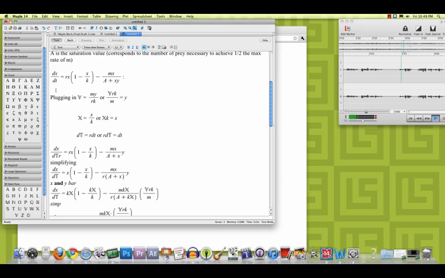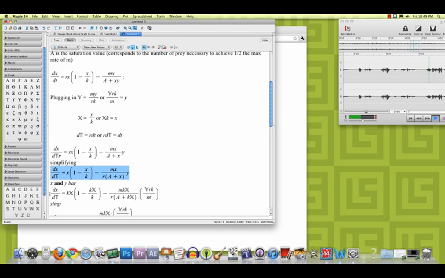This is the prey equation. We didn't have a specific variable for y, so we used the symbol y-bar equals rx over m, and we solve for y. Then x-bar, and we solve for x, and t-bar, and we solve for dt. Here we plugged in dt, and by simplifying, we got this equation.